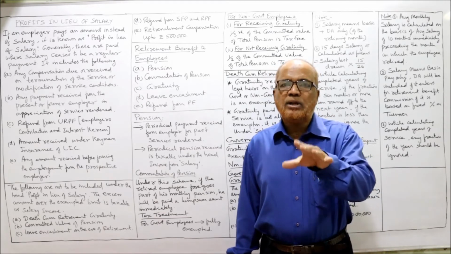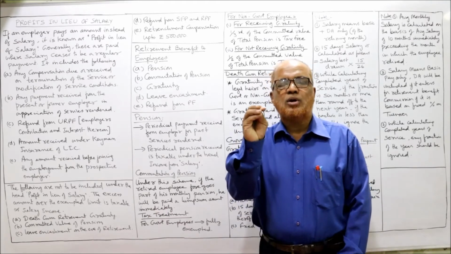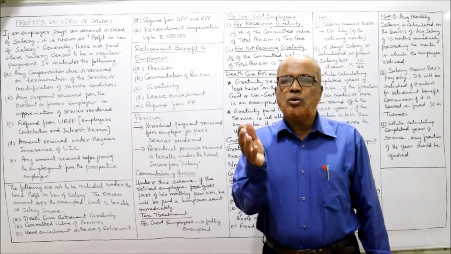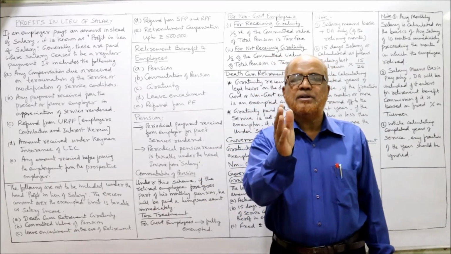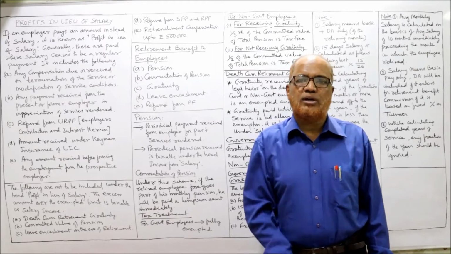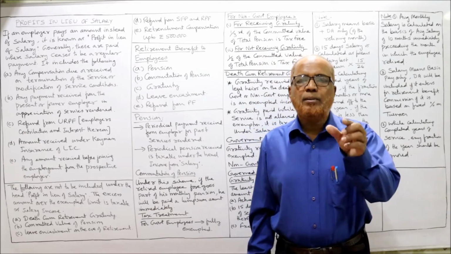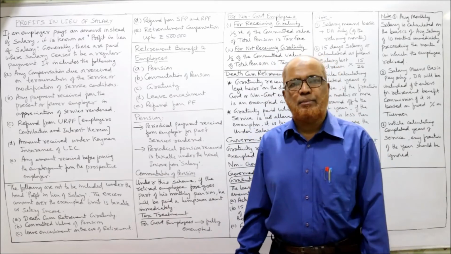Alternatively, you can commute a part of your total pension. Suppose you get 30,000 rupees monthly as periodical pension. If you want to convert it into commuted pension, 50% of your pension will be commuted and only 50% will be paid periodically. The remaining amount will be paid as a lump sum at the time of retirement.